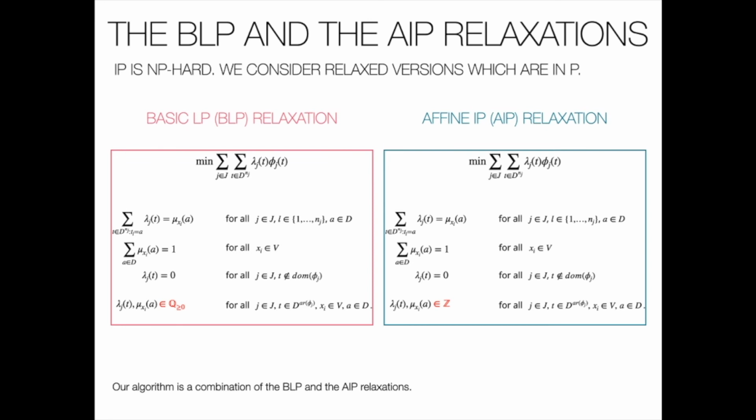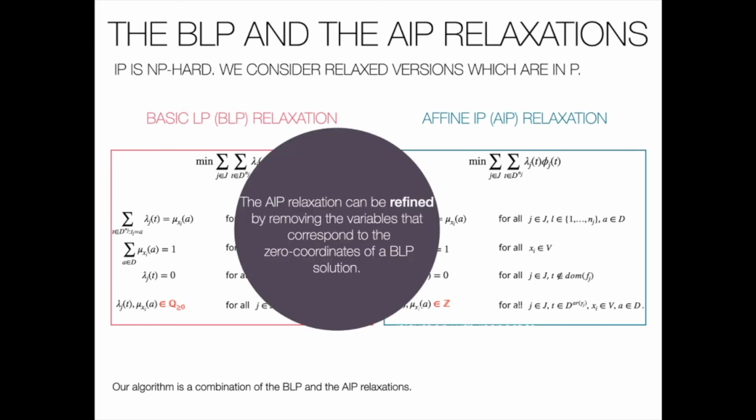We proposed an algorithm for promised VCSPs on infinite domains that is a combination of the BLP and the AIP relaxations. The AIP relaxation can be refined by removing the variables that correspond to the zero coordinates of a BLP solution.